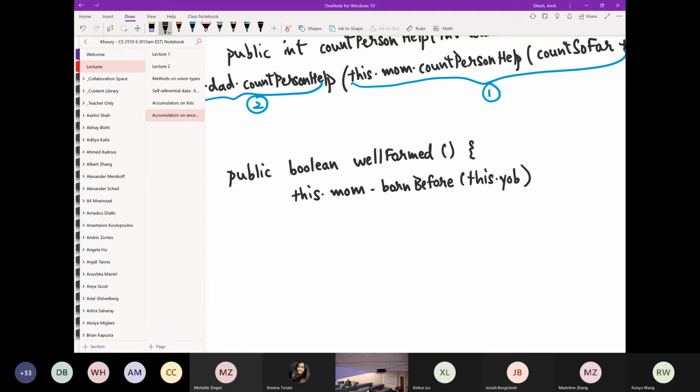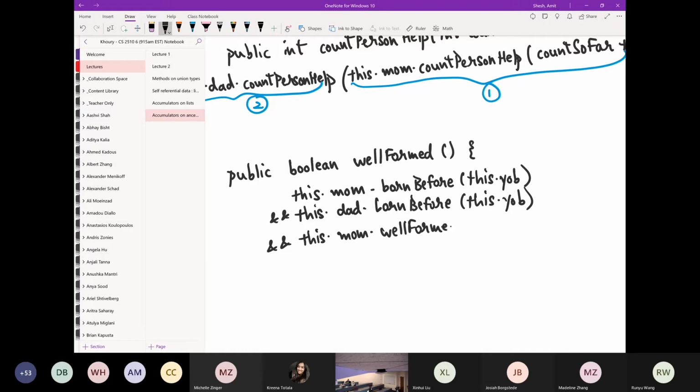Okay? So born, you could be born in or before. So I'll just make it before. Technically, it should be less than or equal to. All right? So this tree is well formed if the mom was born before this person and the dad was born before this person and the mom's tree is well formed and the dad's tree is well formed.